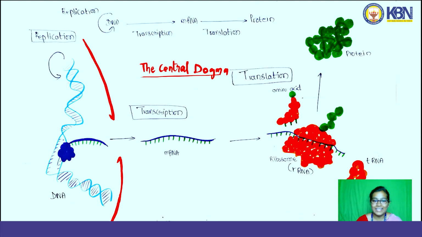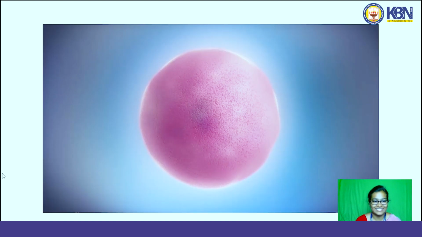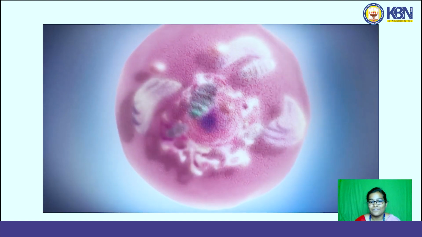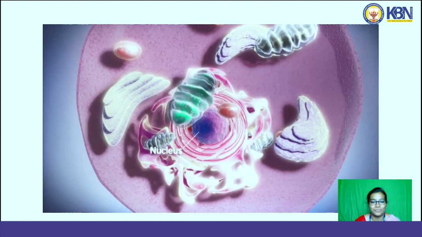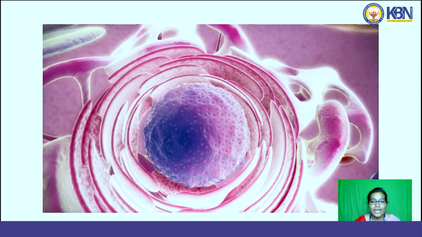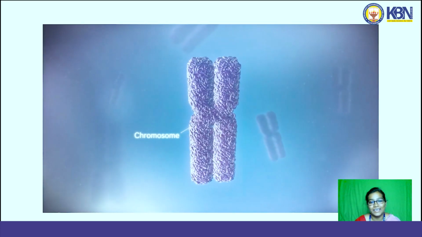Here, let us watch a video and understand this concept. A journey from DNA to protein. Here is a cell, and inside cell we have nucleus at the core, and inside nucleus we have genetic information in the form of DNA.